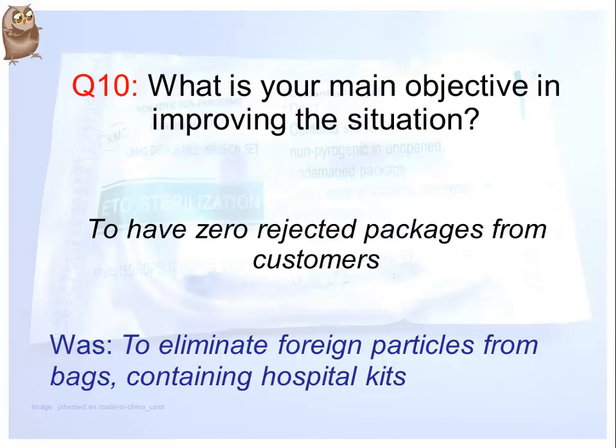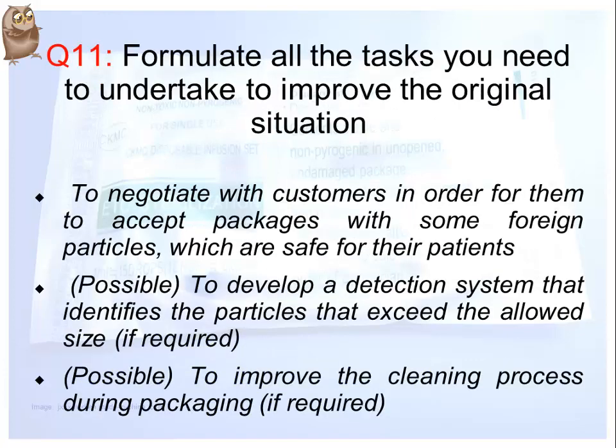The original task of elimination of foreign particles was technical. It required improvement of the cleaning process. The newly formulated task of having 0 kits returned from customers did not look technical anymore. Actually, it represented a human-related challenge.